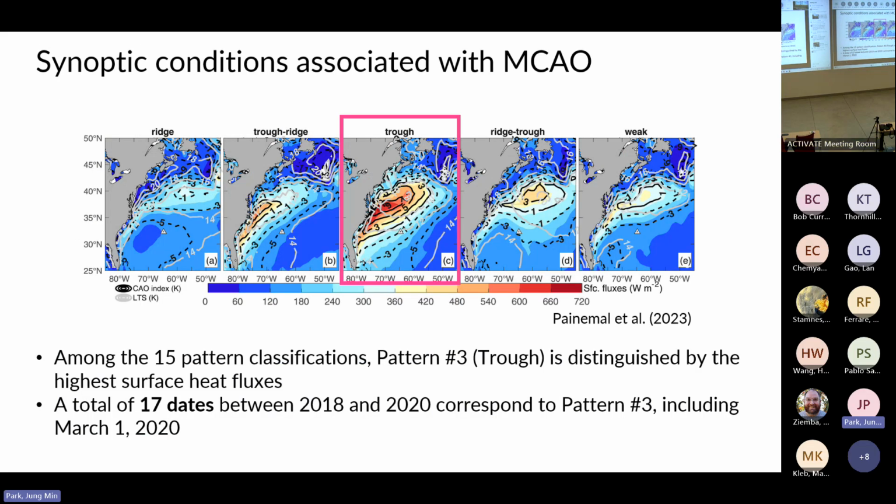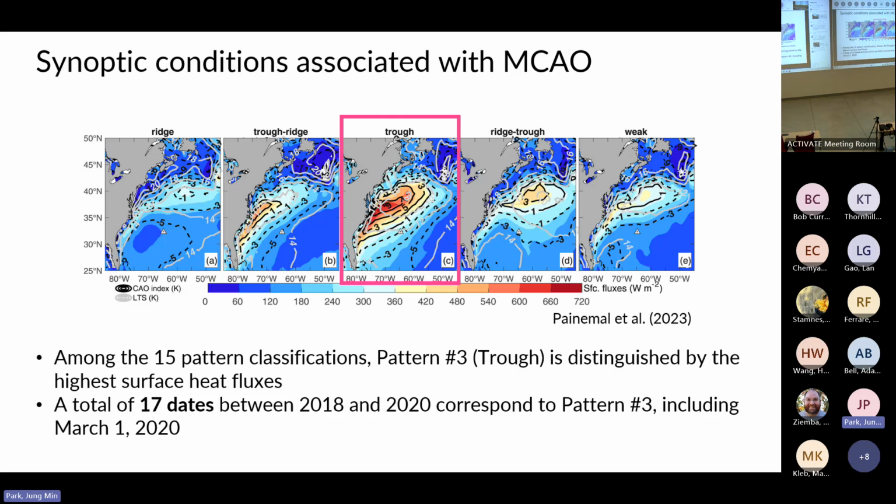To model marine cold air outbreaks, we adapted favorable synoptic conditions from David's 2023 paper to set our initial conditions for the simulations. As shown here, in David's paper, key synoptic conditions were identified using a self-organizing map. The 15 patterns were identified and further categorized into 5 groups, as you can see from ridge, trough, and weak anomaly.